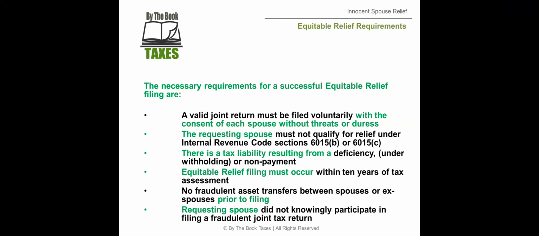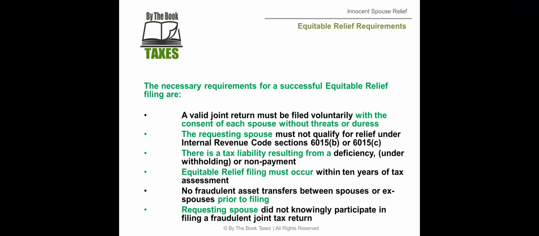For the equitable relief filing, the requesting spouse or ex-spouse must not qualify to file under Code Section 6015B, traditional, or 6015C, separation of liability. If your case qualifies under either of them, do them.